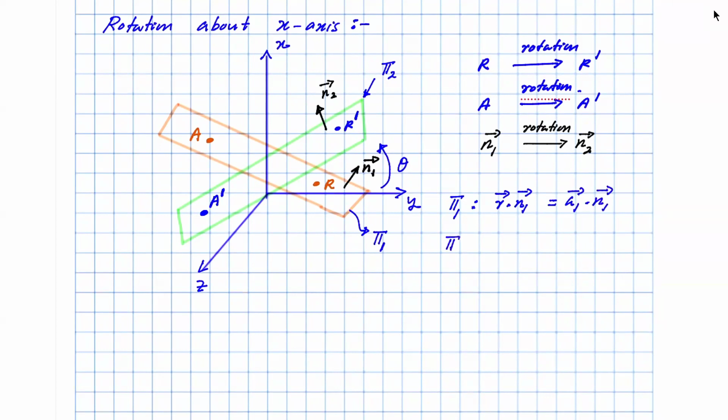Phi 2, after that, the rotated one, that should be R, suppose this is R1, okay, so this is going to be R2, dot n2 is equal to A2 dot n.